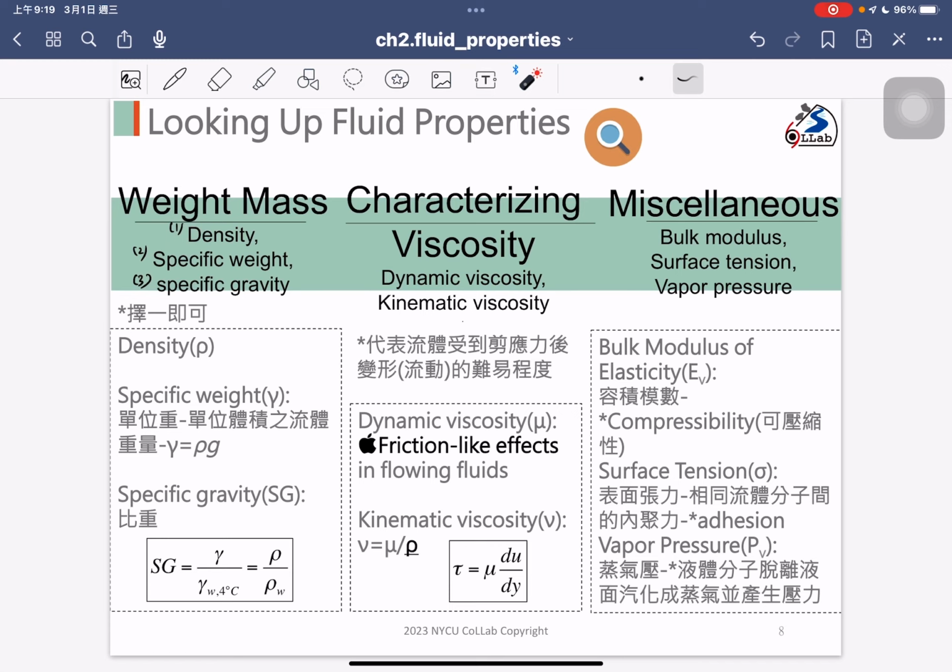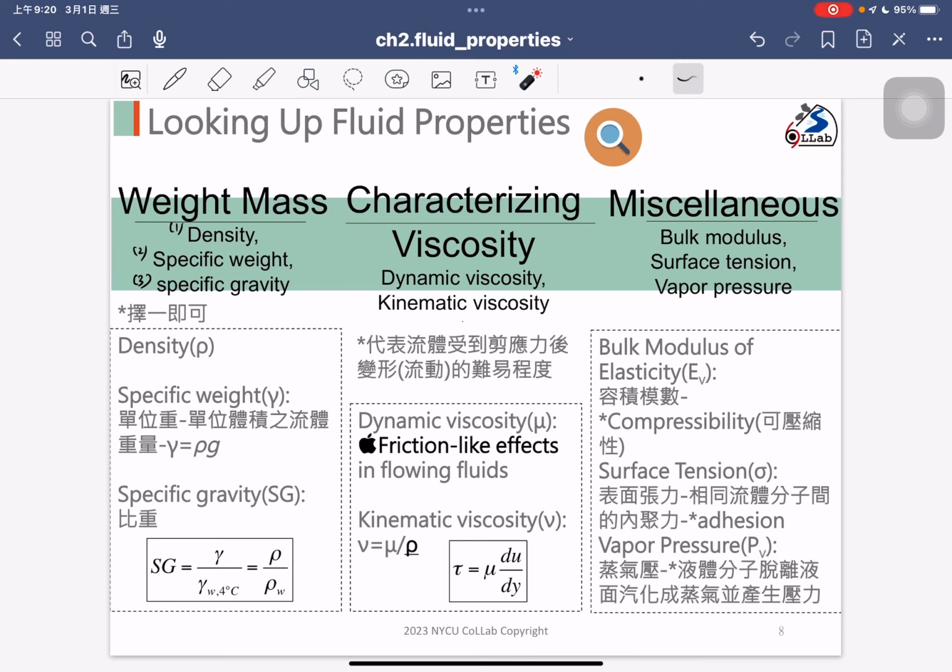The first one is the density, and the second one is the specific weight, usually written as gamma in the textbook. In last class, we know that the specific weight is defined by the density multiplied by the gravity. The specific gravity is the ratio of the density to the reference density.